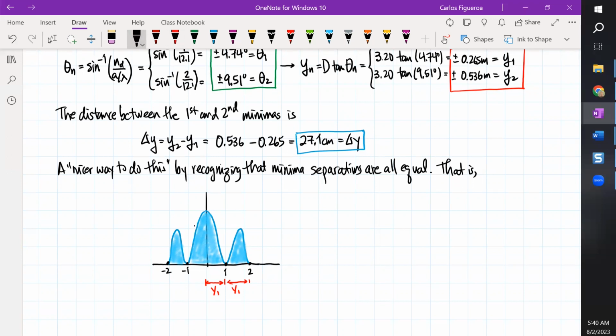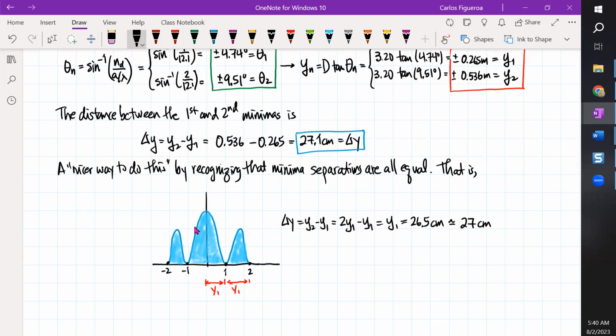So another way that I could have calculated this is delta y is y2 minus y1, but y2 is just twice y1. So this is now just y1, which is 26.5 centimeters. If I approximate that, I get 27 centimeters, which matches well with what we just got.